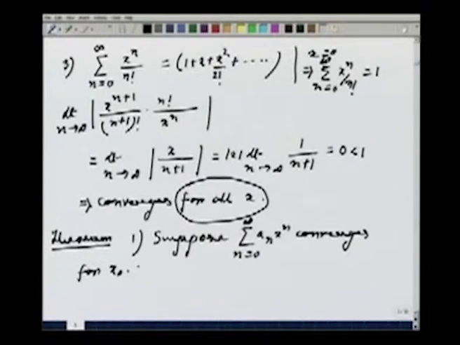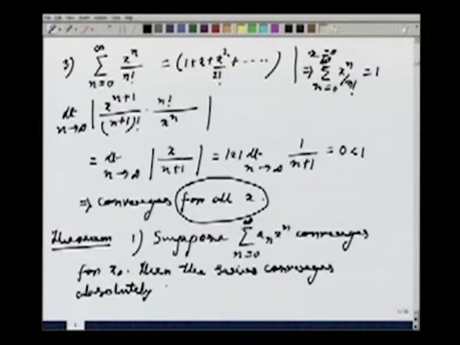Then the series converges absolutely for any x such that mod x is less than mod x naught.